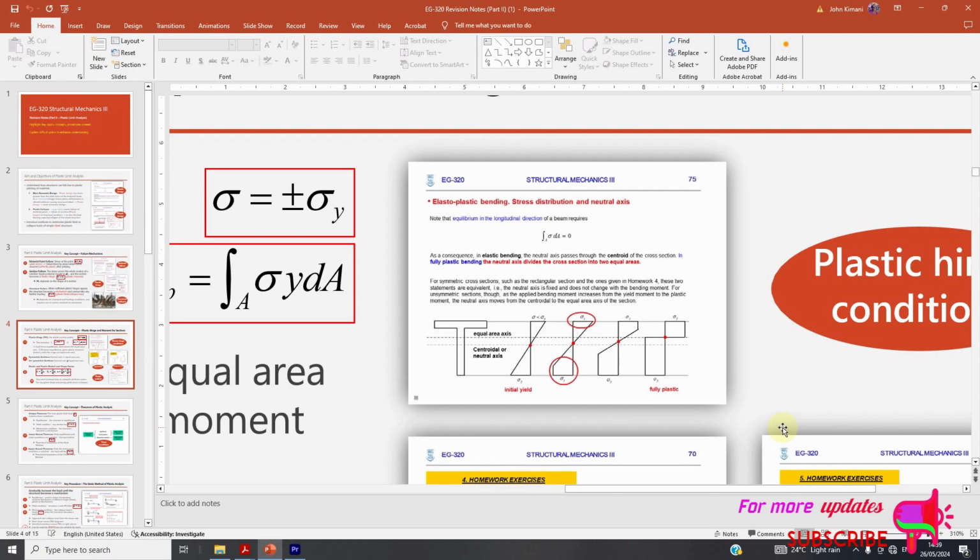Axial force equilibrium determines the equal area axis. Moment equilibrium gives the plastic moment, where y is measured with the origin at the equal area axis.